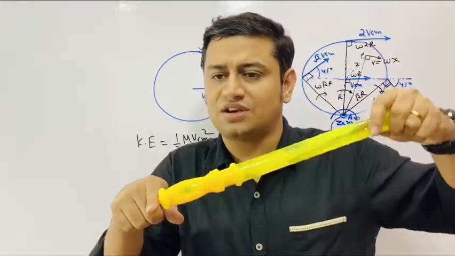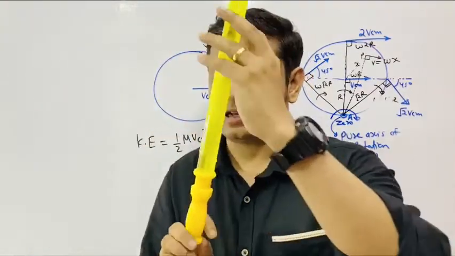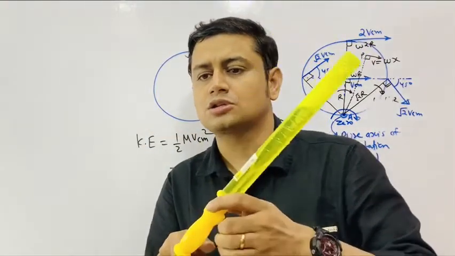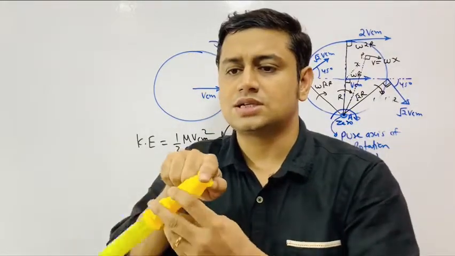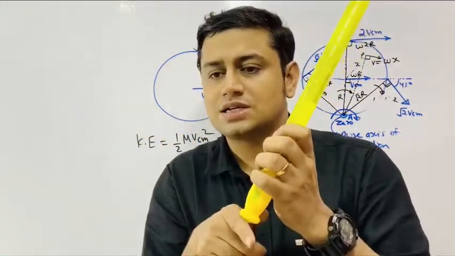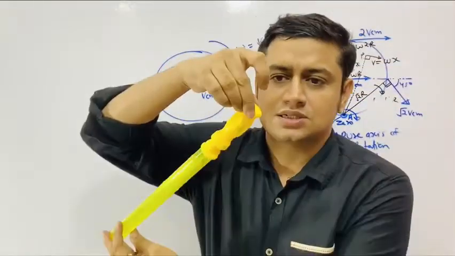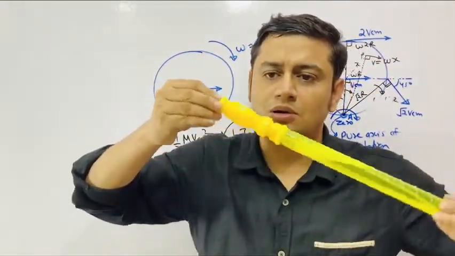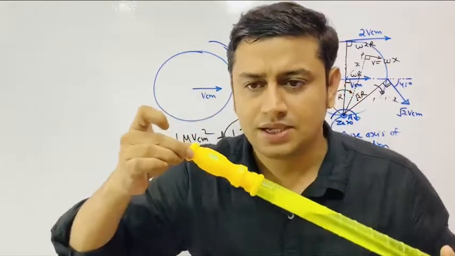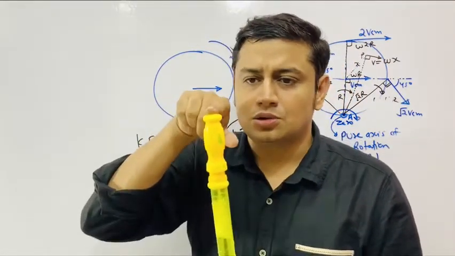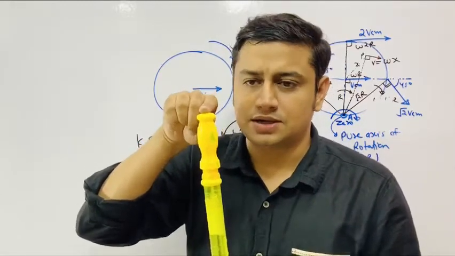If this point is fixed, this is purely rotational motion about this axis. Why? Because this axis is at rest. So this is purely rotational motion about the topmost point axis.